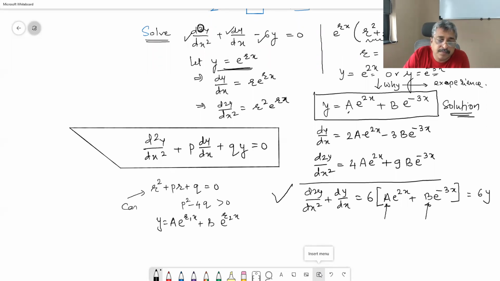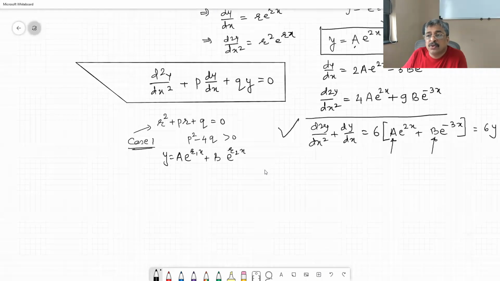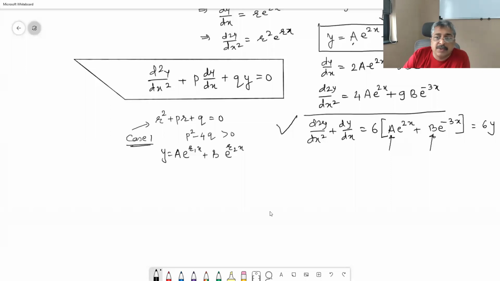Case 1. I'm just running through it because it is a special type of differential equation which fits into our syllabus, but we are using some altogether different method. Case 2. p square minus 4q is equal to 0.